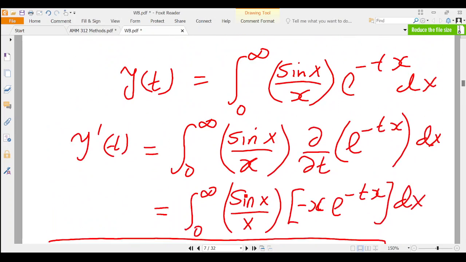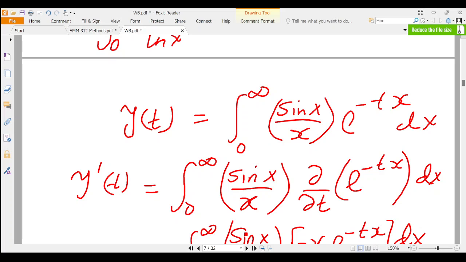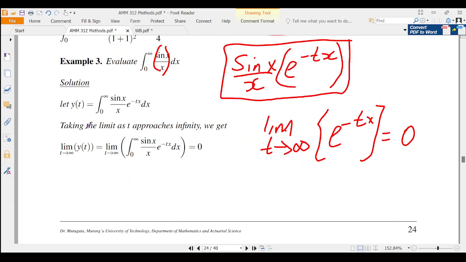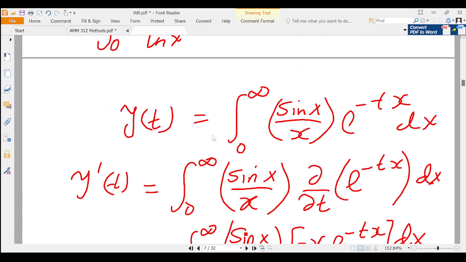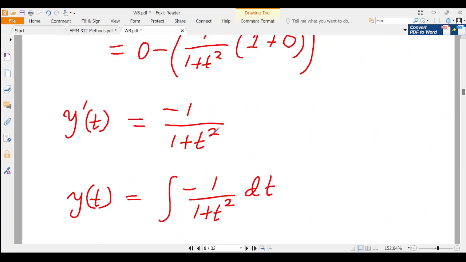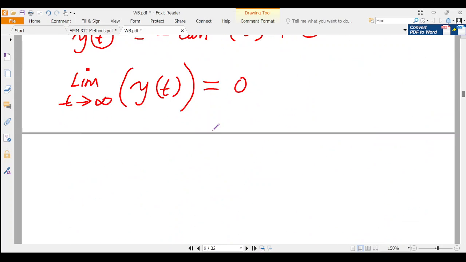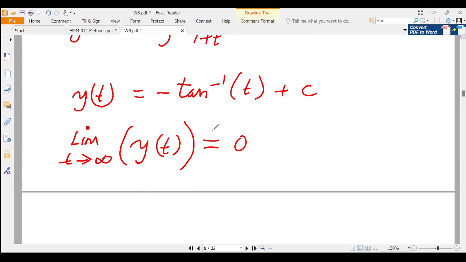I don't know whether we had done that, but yes, I think this was here. The limit as t approaches infinity of y of t was 0. So in this case, we're going to use that one here.